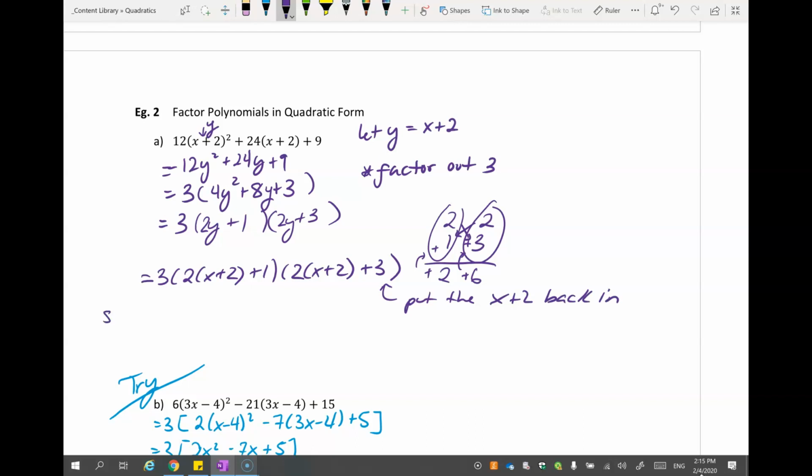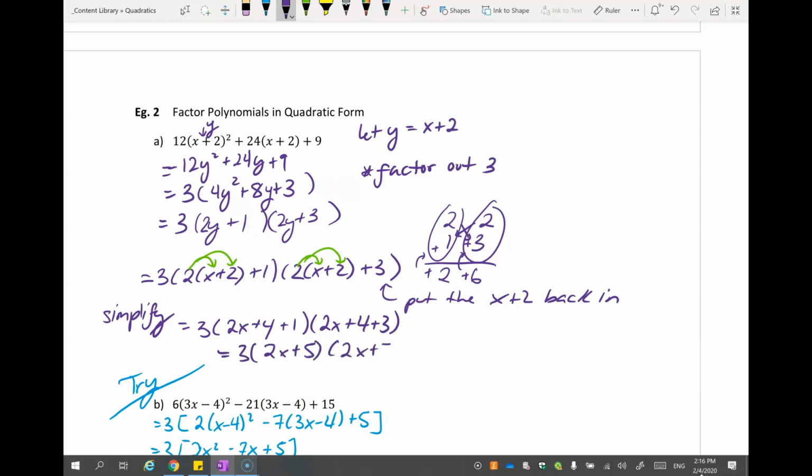And now we want to simplify. So that's 2x plus 4 because I'm going to distribute this bracket. (2x plus 4 plus 3), and then lastly, I'm going to simplify everything inside the bracket. So that's 2x plus 5, 2x plus 7, and now we are done.